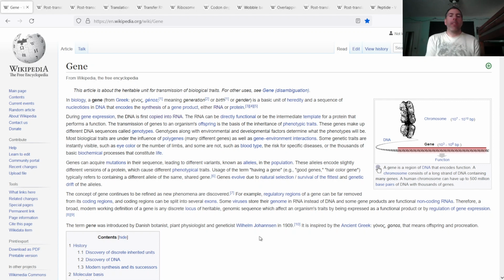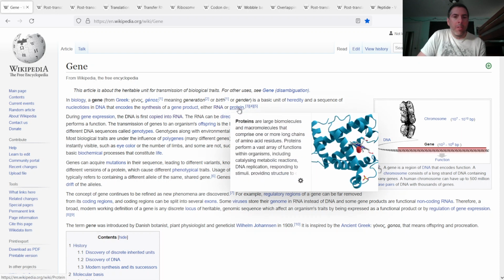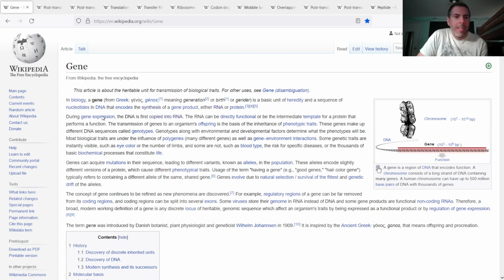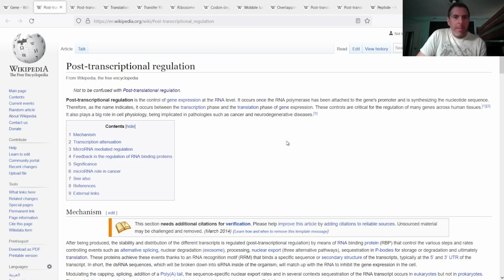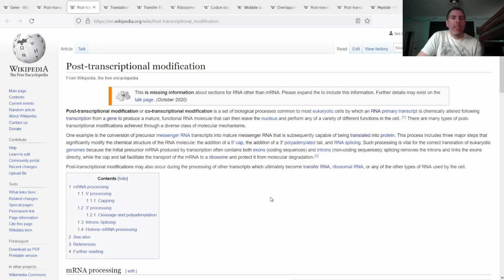Translation is the process of converting messenger RNA into protein. It all starts with the gene that codes for the protein or the polypeptide chain. So the whole process of transcription has controls and regulation, and then after transcription occurs, where you have a messenger RNA, there can be further regulation and modification.